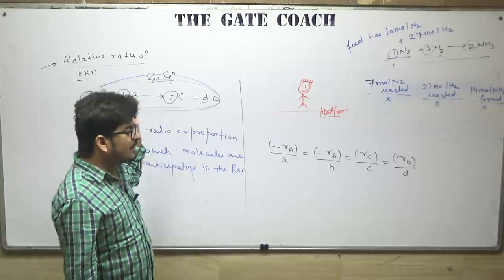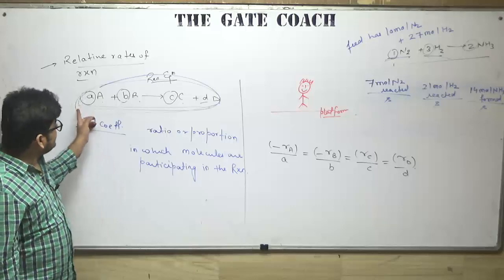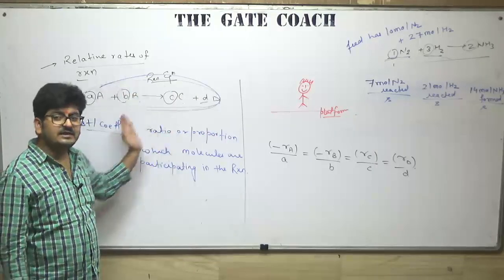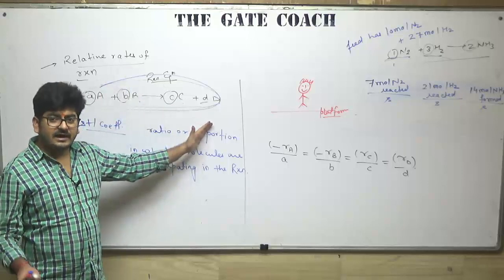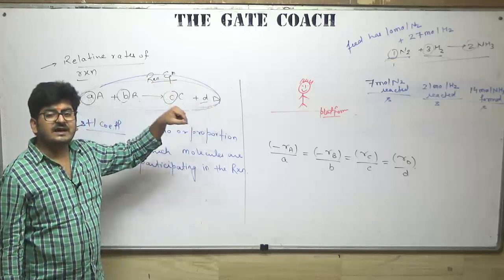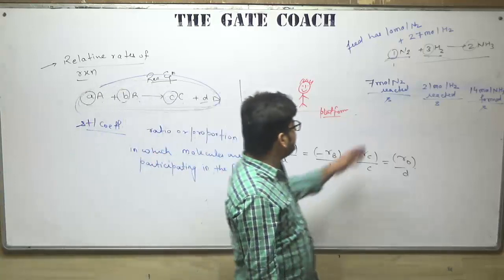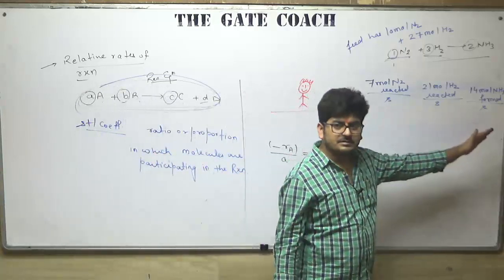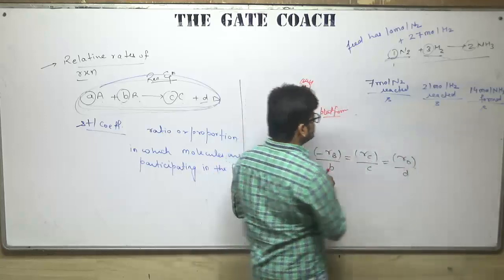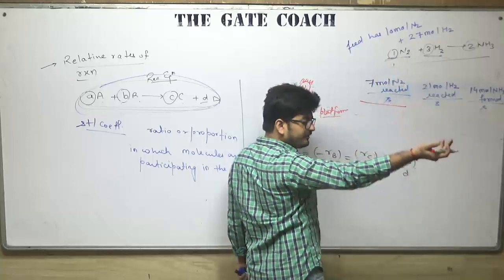Similarly, when we are talking about a reaction, when the reaction is moving at a certain rate, then the rate for all these components inside the reaction should be the same. But we can see it is different here. So to make it same, what you can do, just divide this by their respective stoichiometric coefficient.